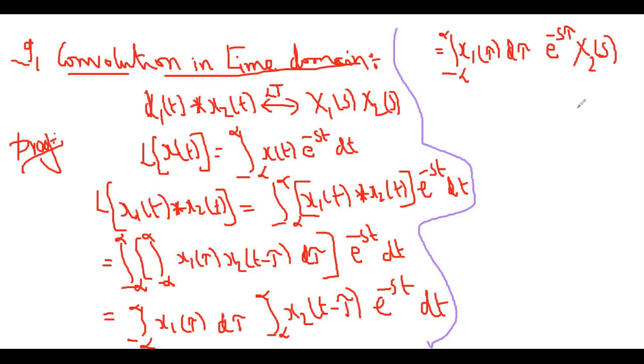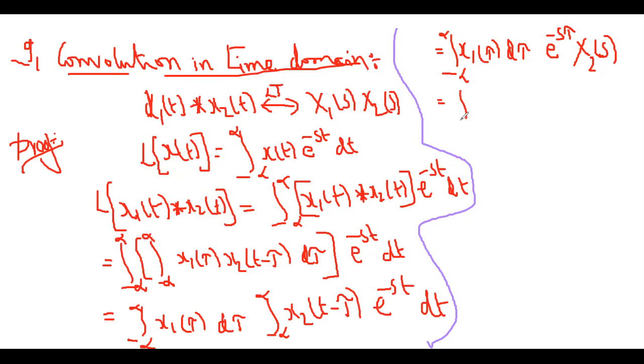Got it, my dear students? You got the definition of the second property. Otherwise you can substitute t minus tau equal to p, dt equal to dp, and you get e power minus s tau into x2 of s only.